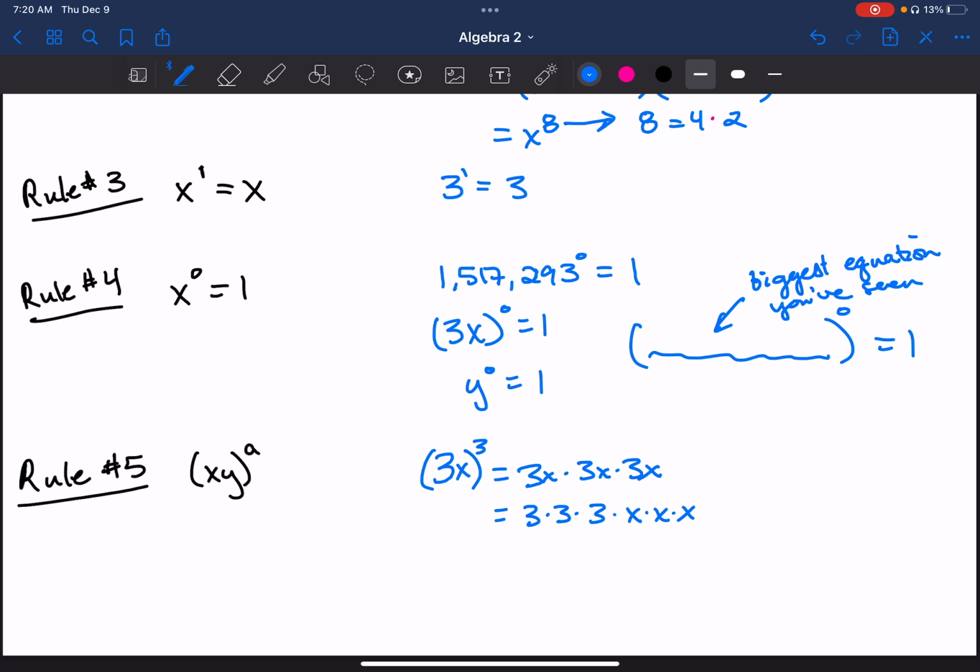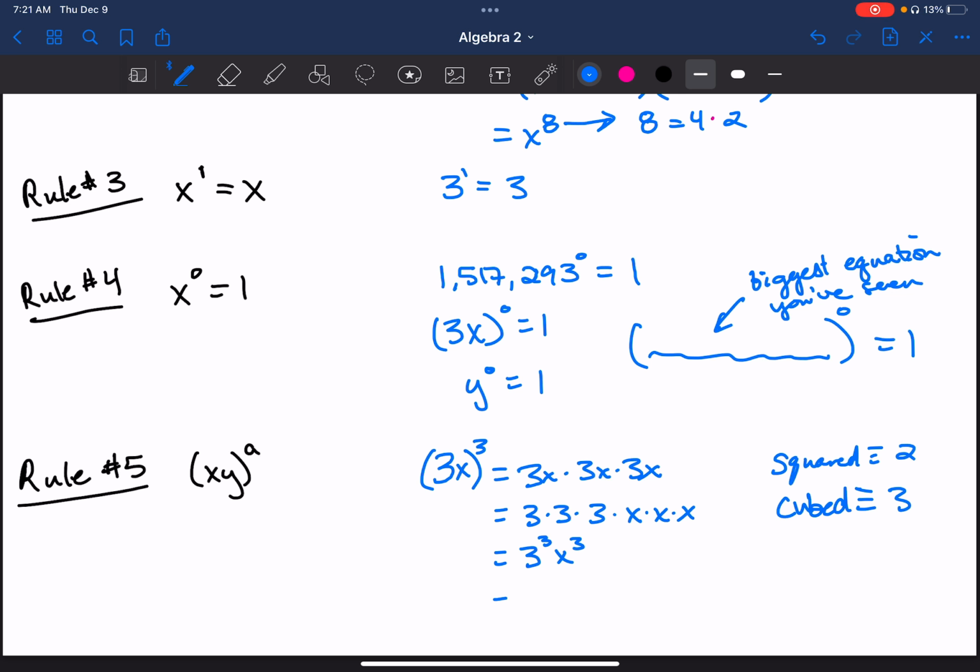And now let's use our rules. Well, the exponent is going to be 3. We have 3 3's and 3 x's. So 3 cubed x cubed. Cubed is the same or equivalent, that's what these 3 lines mean, to power of 3. Same thing if you've ever seen squared, that's equivalent to a 2.